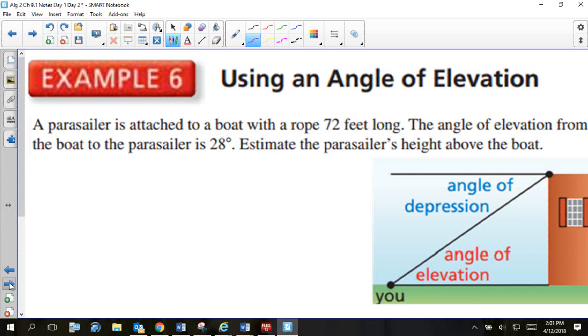So if you start horizontal, are either of my arms horizontal? Aiden, are either of my arms horizontal? Okay, you have to have one of them horizontal. And then you go up and you look at the duck. That is an angle of elevation. So an angle of elevation has to start horizontal.